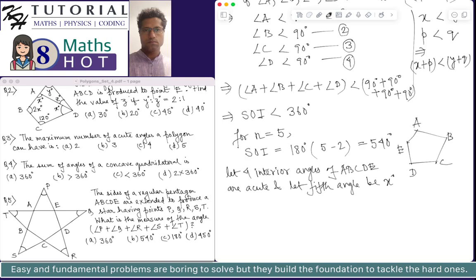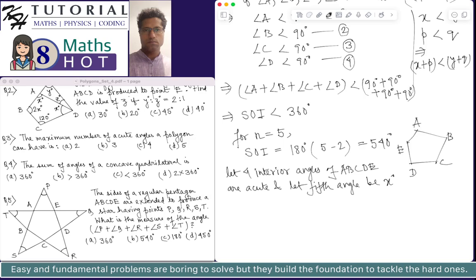We do not know it, but we are trying to see if 4 interior angles of this pentagon can be acute. So we are considering that 4 interior angles of this pentagon are acute, and the fifth angle we are considering as x degree.